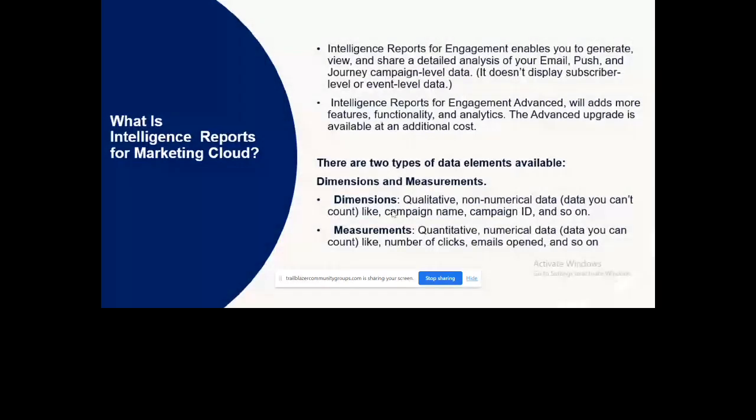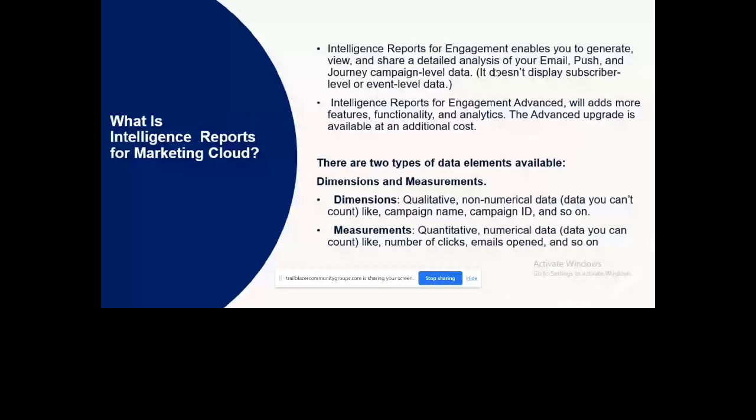Let's start with an overview of the intelligence report as a first step. What is the intelligence report and how is it going to help us? The intelligence report will help you to create and visualize the analysis of your email journey data as well as push notification. Please note that this tool doesn't provide subscriber level or event level data.